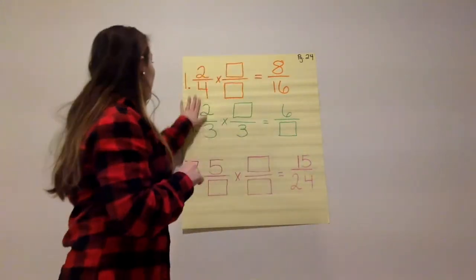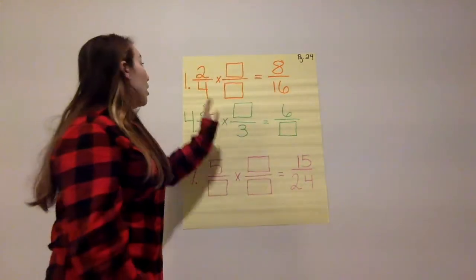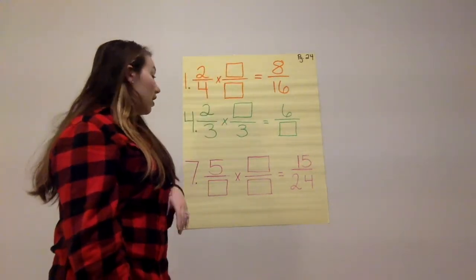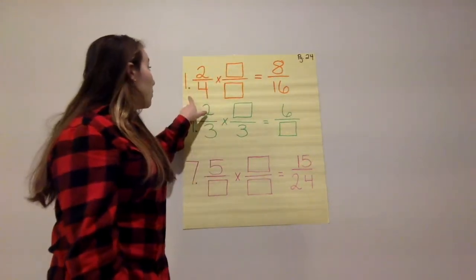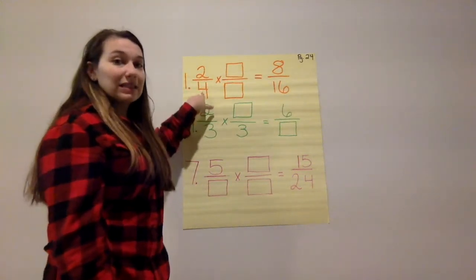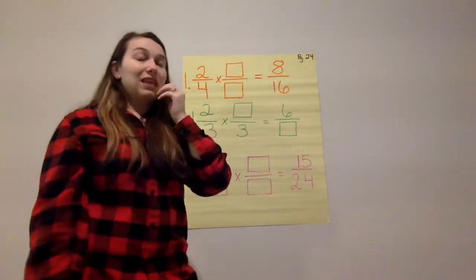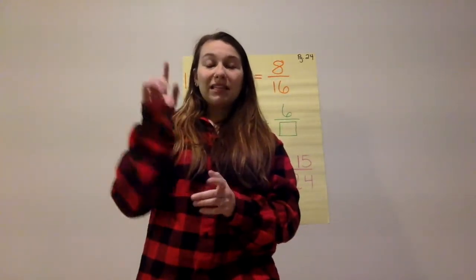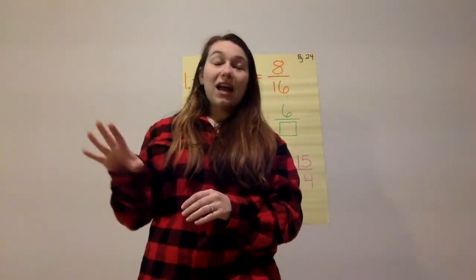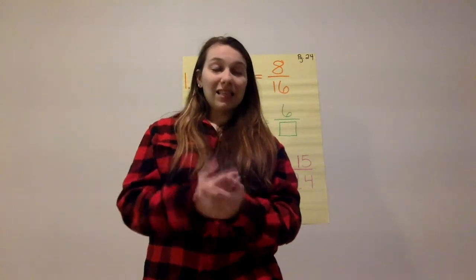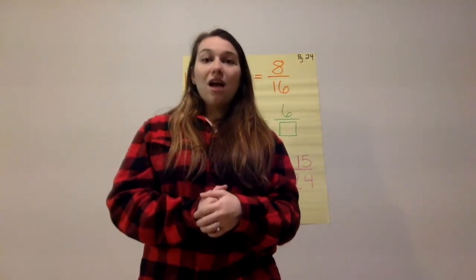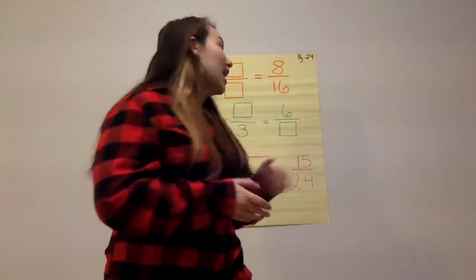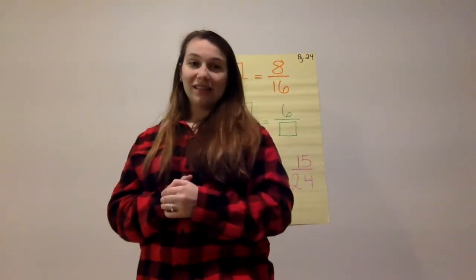It'll have fractions with blank squares, and problem number 1 should be 2/4 times blank over blank equals 8/16. So if you are not there yet, please pause the video, go ahead and grab the packet and get to the page that we're going to be working on. And when you're ready, you can unpause this video and begin with us.